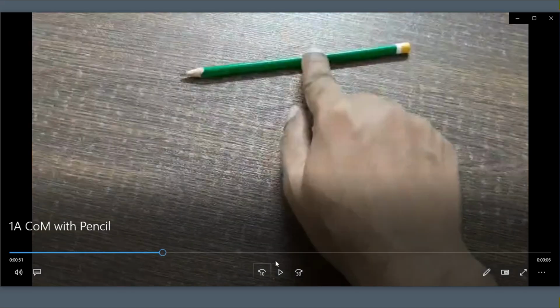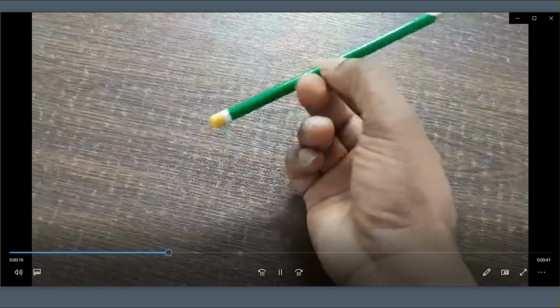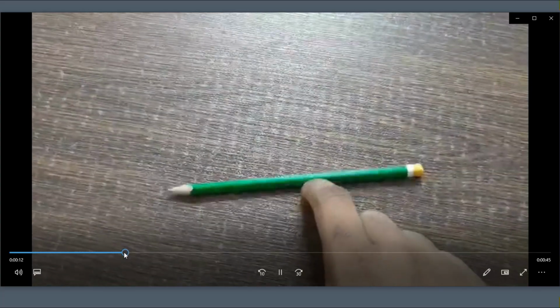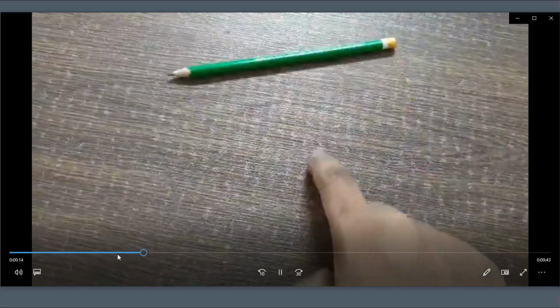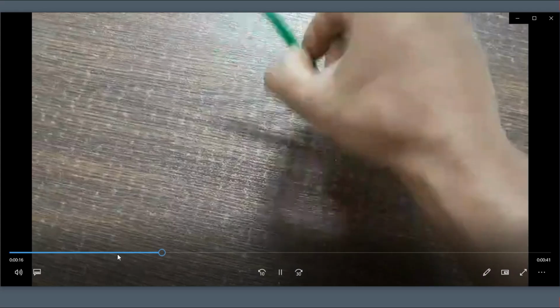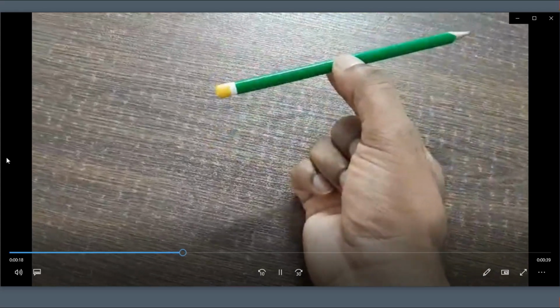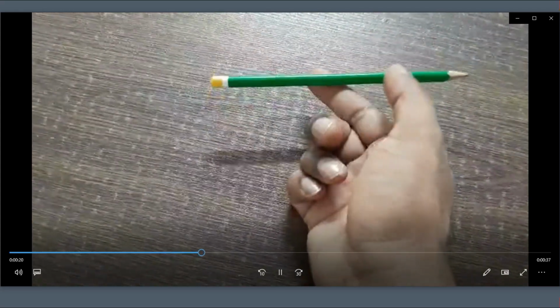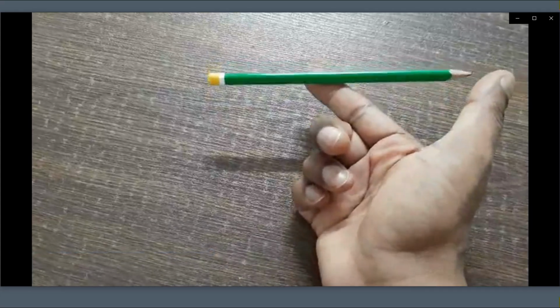And the point wherein I hit and made the pencil move straight, if I try to balance it at that point, what happens? It's balanced.